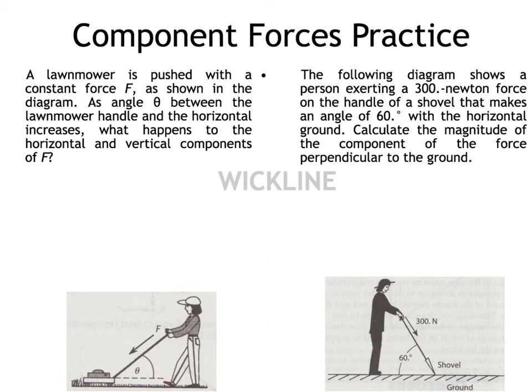I'm going to draw something in, and then I'll draw something else to compare it to. Okay, so I just drew a red triangle here. Basically, the hypotenuse is the force F, and then this leg is the horizontal force, and that leg is the vertical force. I'm going to draw a similar triangle in black, but in that triangle it'll have a larger angle. I did my best to keep the hypotenuse the same length as this hypotenuse, I know it's mangled, so they should be similar in length.